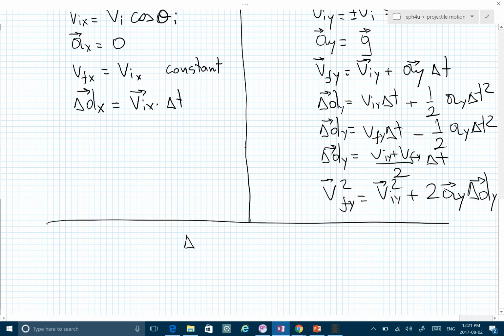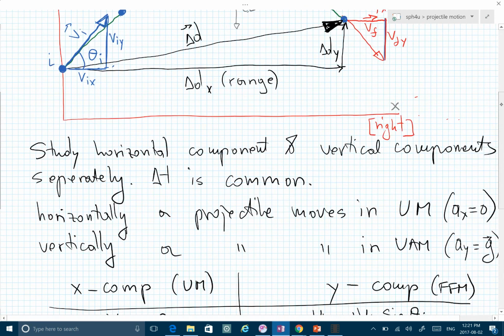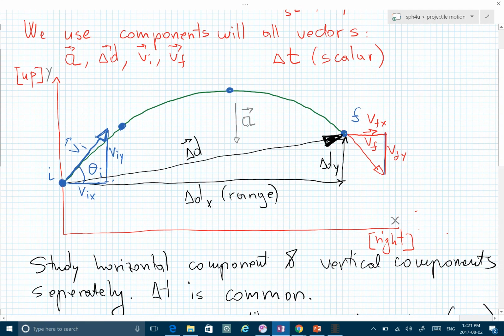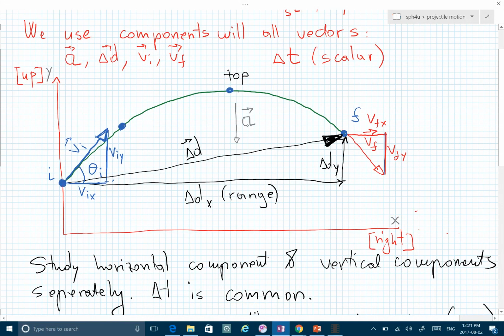And remember, time is common or independent. And that's how we're going to solve projectile motion problems using this knowledge. By the way, a lot of misconceptions happen about this top point. If I were to ask you, what's the velocity there? I'm going to pause here.